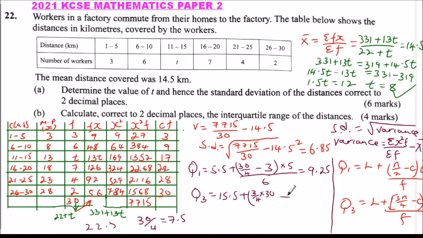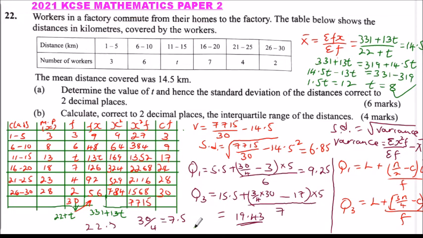You minus the cumulative frequency above that class. The cumulative frequency here is 17. Close the bracket, multiply by 5, and you divide by the frequency in that class, which is 7. Now that you have the values, you should be able to get 19.43.